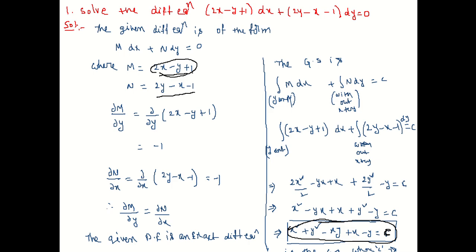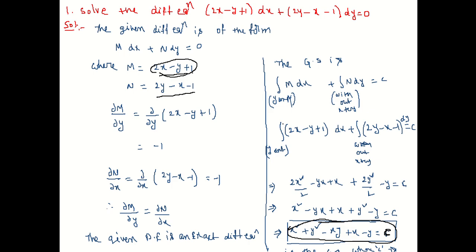So here I am going to integrate M with respect to x, where y should be treated as constant, and integrate N with respect to y, where you have to consider only the terms without x, equals c.